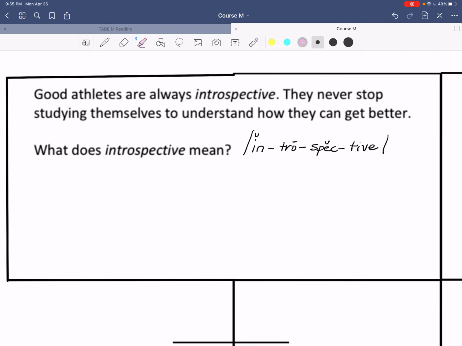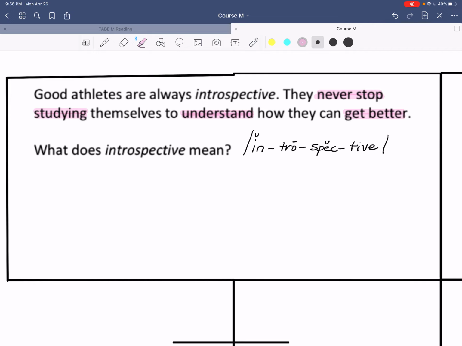So let's look for another word in this sentence that is about doing, that's an action. Well, studying is definitely an action. Never stop. Stop is an action, but this is saying they don't stop studying themselves. Understand is an action, and get better is an action.